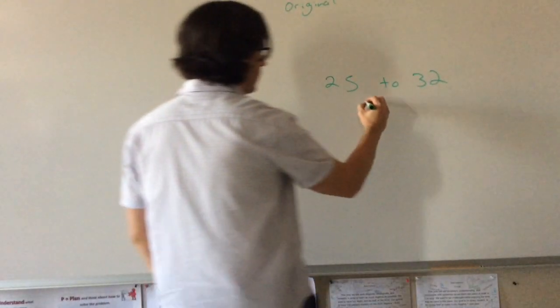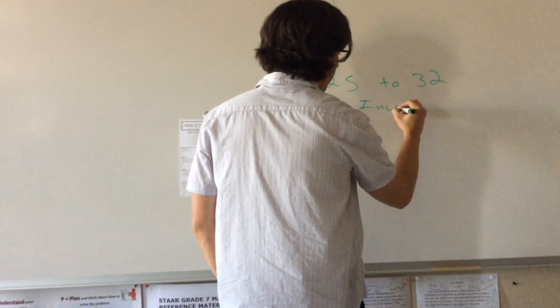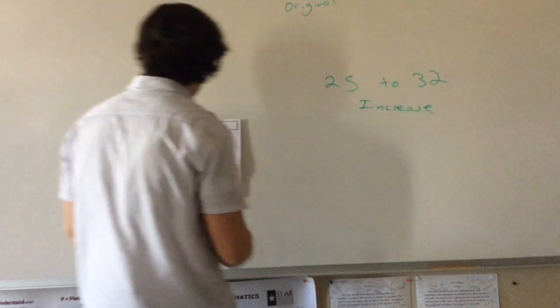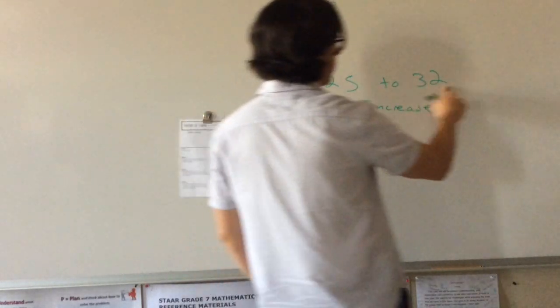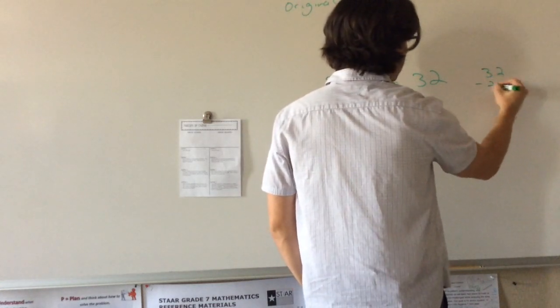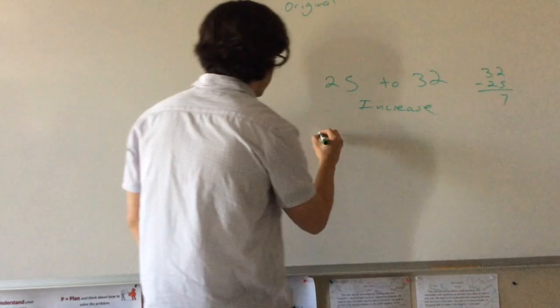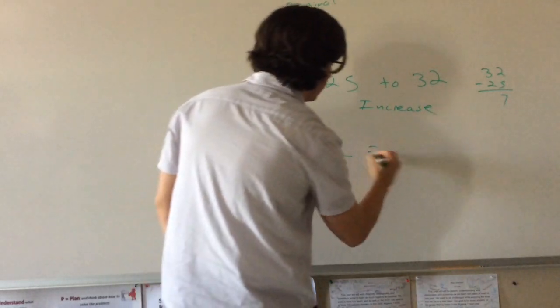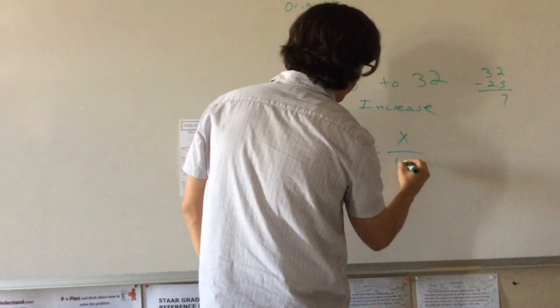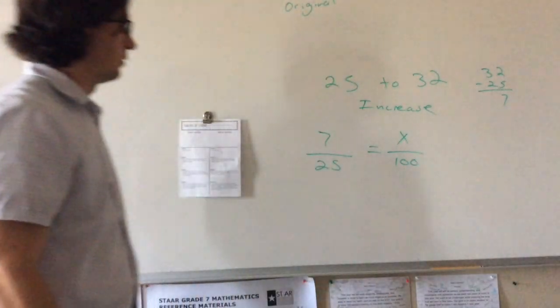Okay, again, this is an increase, which means that we expect it to be more expensive. And so we're going to take our change, which is the difference between 32 and 25, is 7. So we're going to have 7 over the original, which is 25, is equal to x, or the unknown percent, over 100.